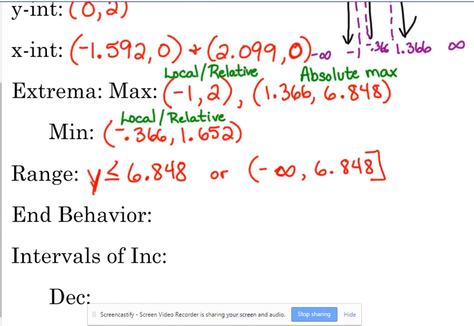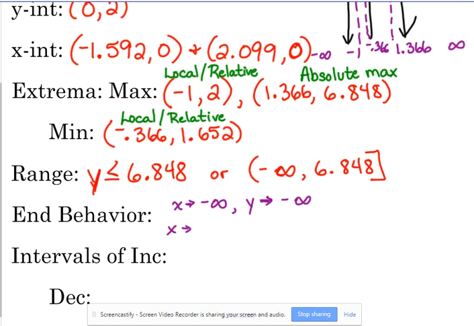All right, almost there. End behavior. Okay, let's talk about the ends of this function. As x approaches negative infinity, okay, the left side, where are our y values going? Where are the y values going on the left side? Down, decreasing, negative infinity.